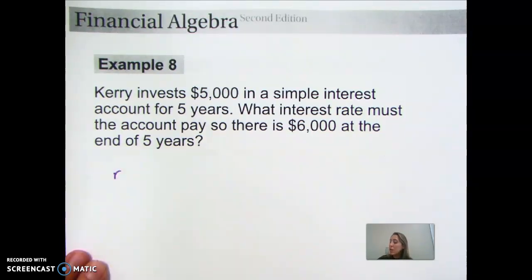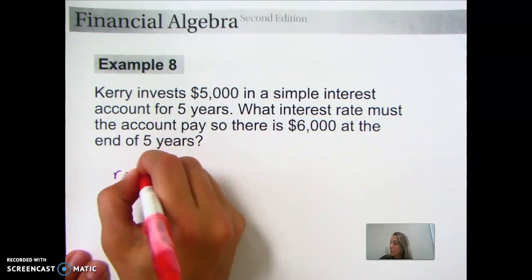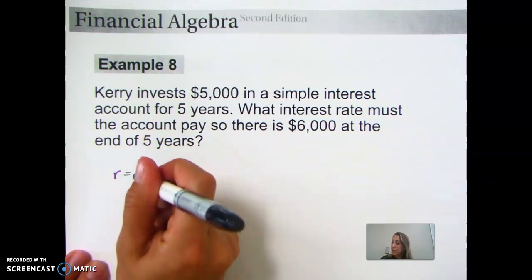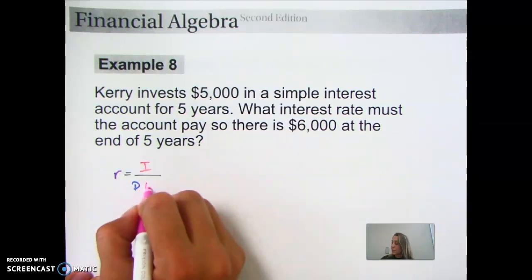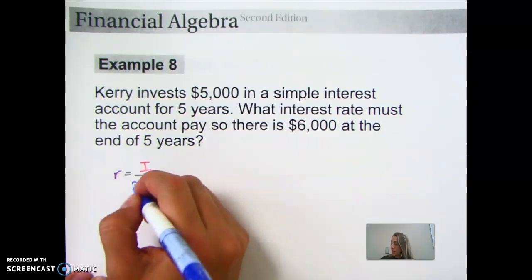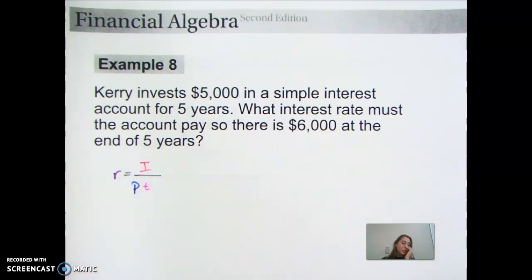So R equals my interest that I want to earn over my principal times my time. And that's a capital P. Okay, so it's PT.